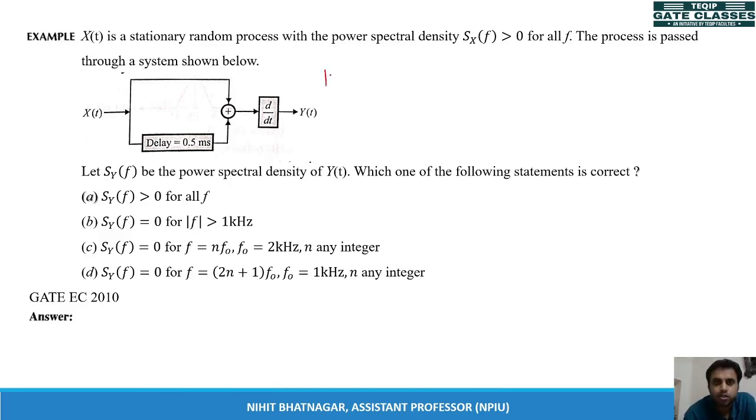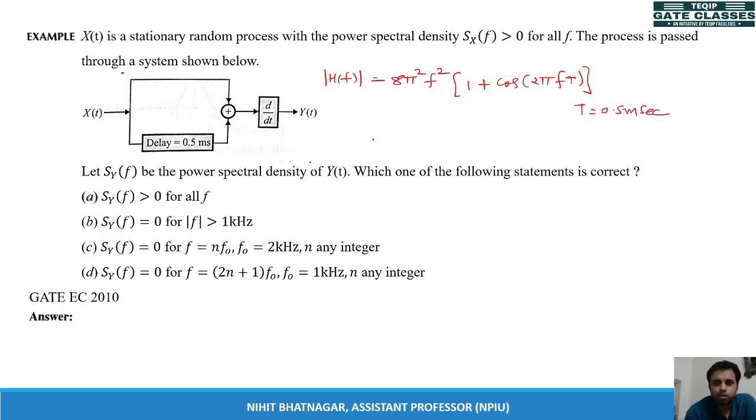Now H(f) is equal to 8π²f² times (1 plus cos 2πft), where t is equal to 0.5 millisecond.